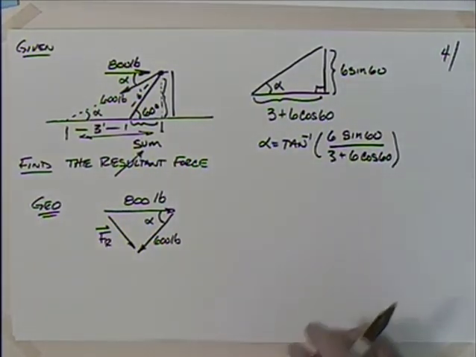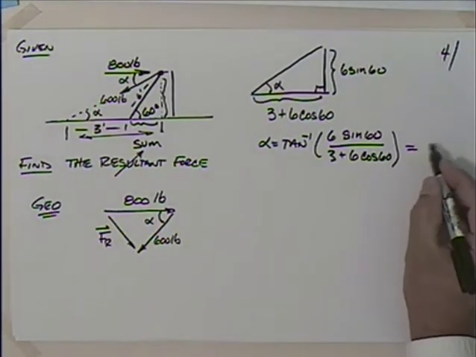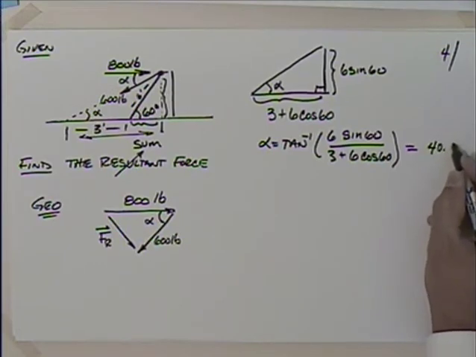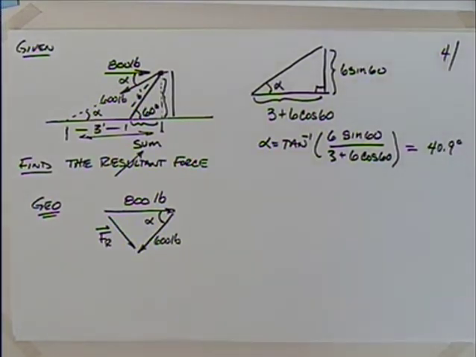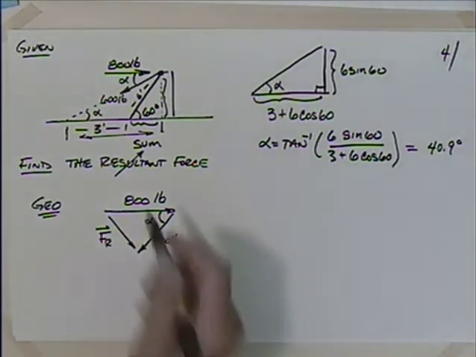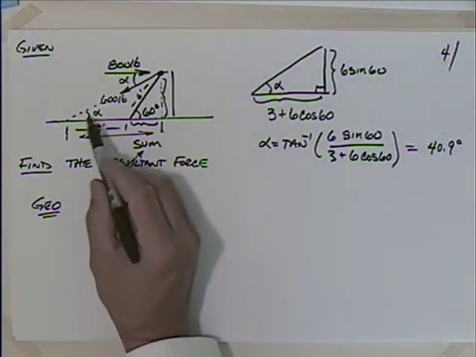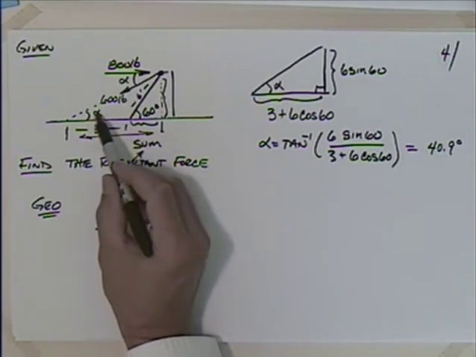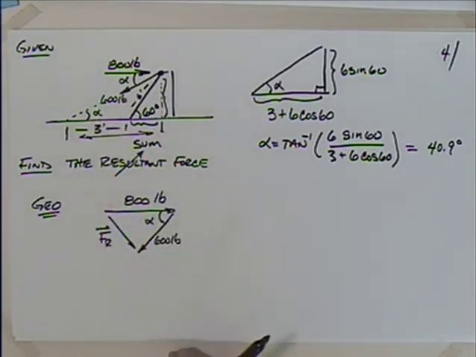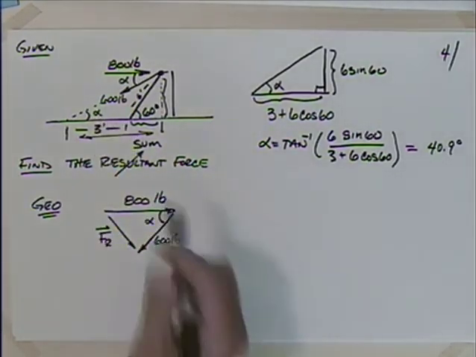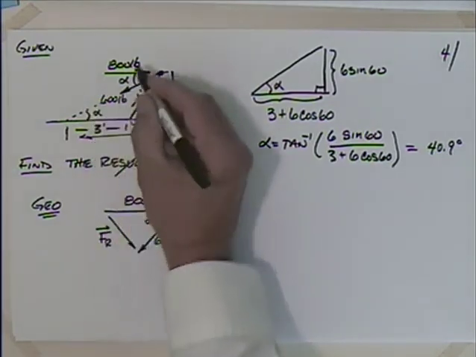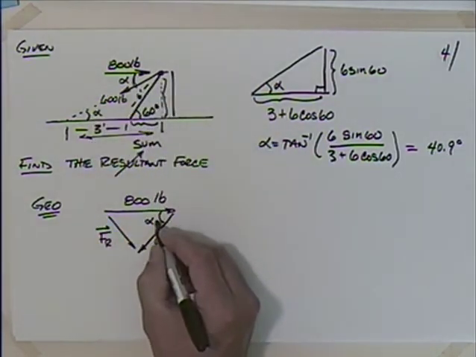And if you run through the math there, that turns out to be 40.9 degrees, or you could call it 41 if you wanted to. And like I say, I've drawn this a little out of scale, so I think if they were to draw this to a better scale, it would look closer to 45, so I think that seems fairly reasonable. So that's the angle in there, which has to be the angle there. So we now know that angle, don't we?